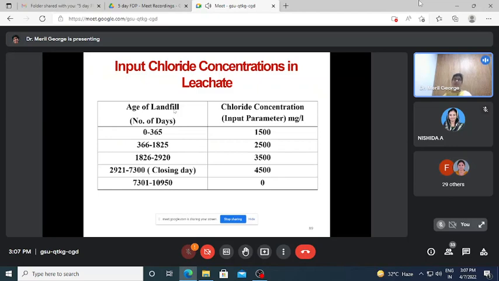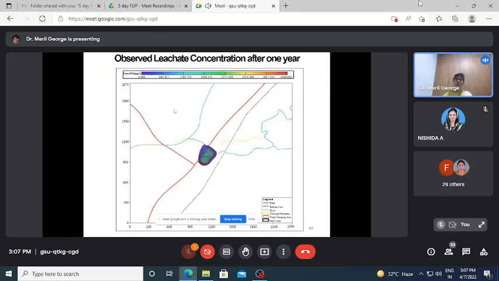After 20 years, as the waste dumping was stopped, the input of chloride was considered as 0. So this was the input chloride concentration, and based on it, we have obtained the leachate concentration.